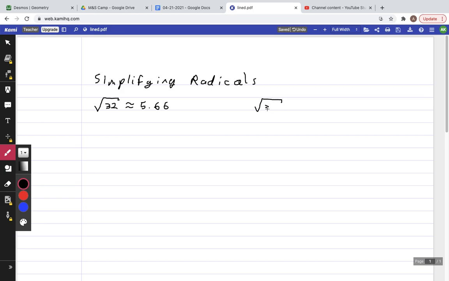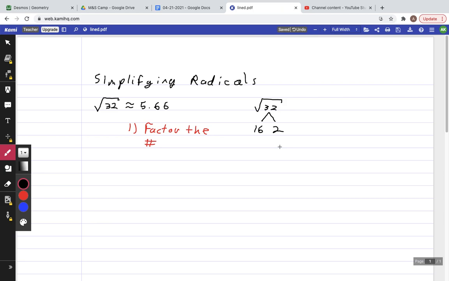And the way we do that is first we factor the number. So, 32 we can factor into 16 and 2.